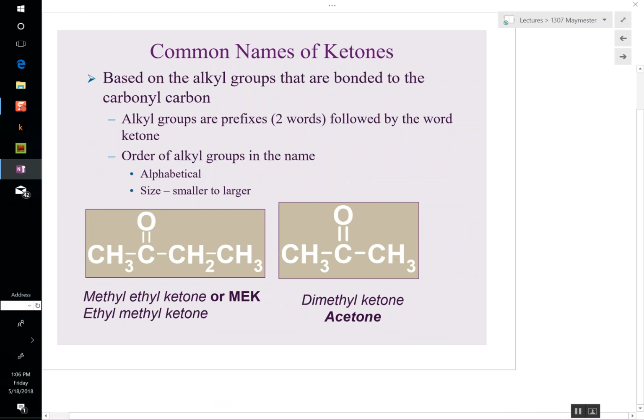Okay, some real common ketones. We talked butanone. This is butanone, methyl ethyl ketone, or MEK. Let's write down under here that this is also butanone. That would be its IUPAC name.